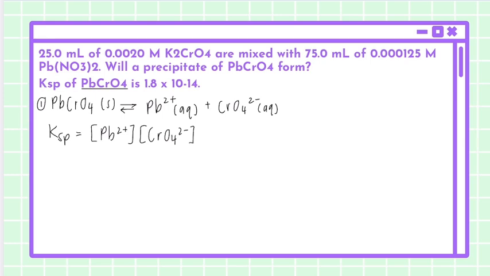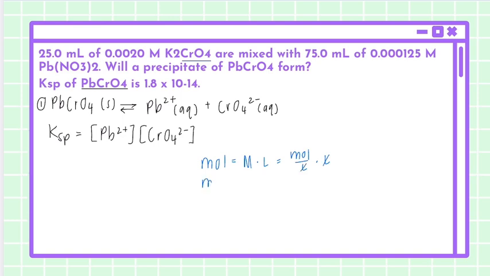My first step is going to be looking at my CrO4 2-. To find my moles, I know that moles equals my molarity times liters, because that's going to cancel out our bottom, as it would be equal to moles per liter times liters, where I'm canceling those.